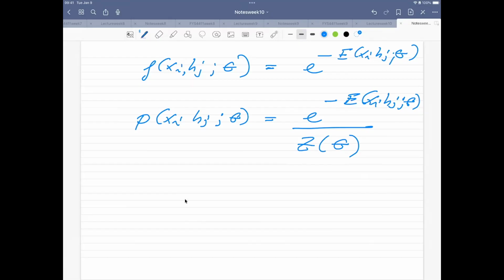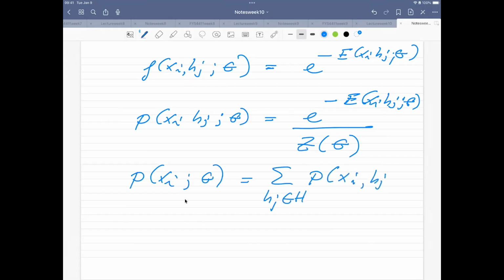What we want at the end, we don't want something which depends on the h_j's, but something which depends on x_i as a function of theta, and that is obviously a sum over all the h's. And this is called the marginal probability. So at the end, we want this object here.